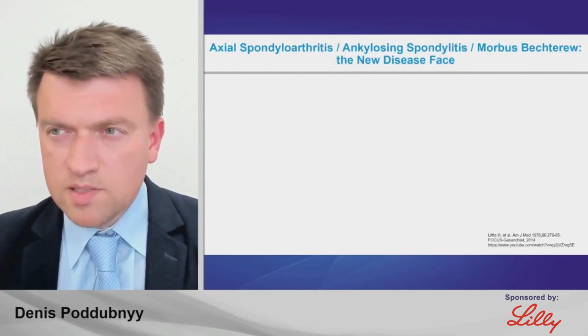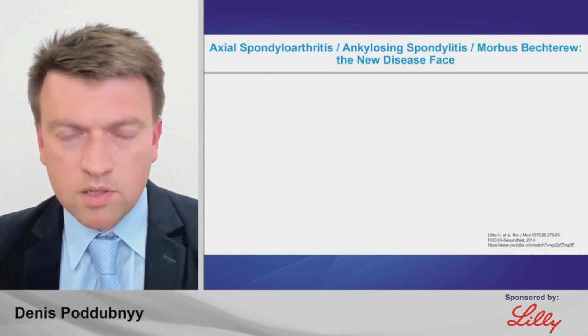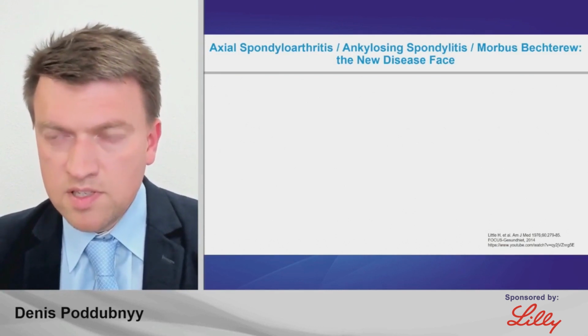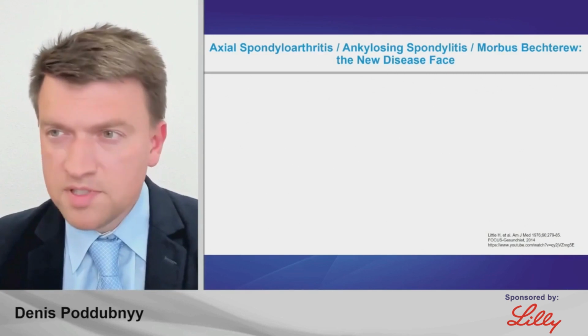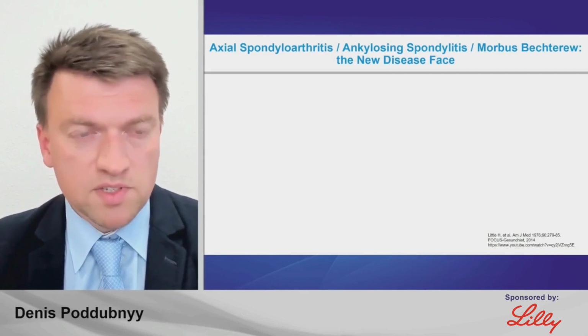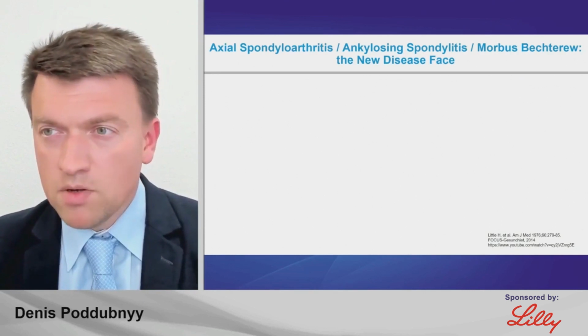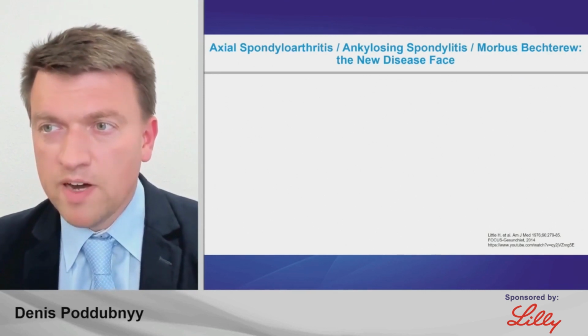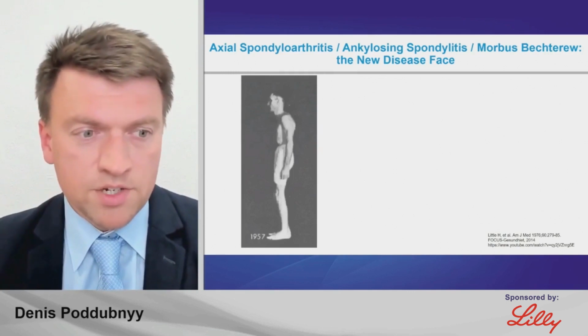If we talk about axial spondyloarthritis, not only the nomenclature, the name of the disease, has changed, so we prefer to say axial spondyloarthritis instead of ankylosing spondylitis or Bechterew's disease, but also the patient profile, the patient face, has changed.